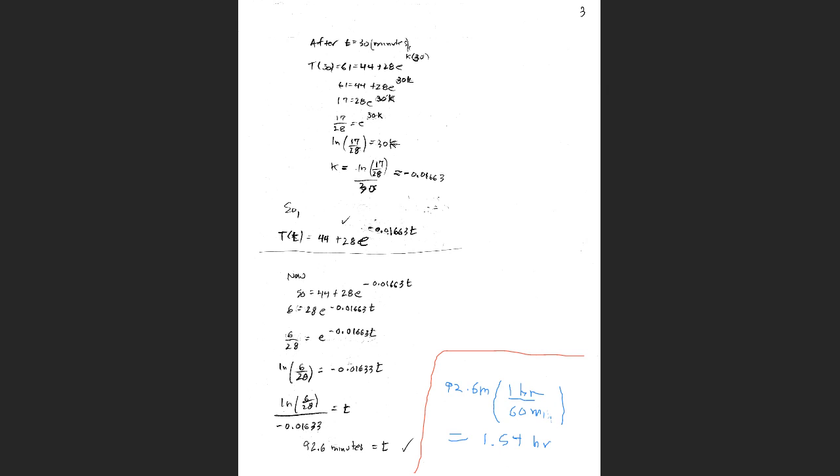Okay, but if you convert the 0.54 hours, you can convert that into minutes, right? By taking 0.54 and multiplying it by 60 minutes over 1 hour.